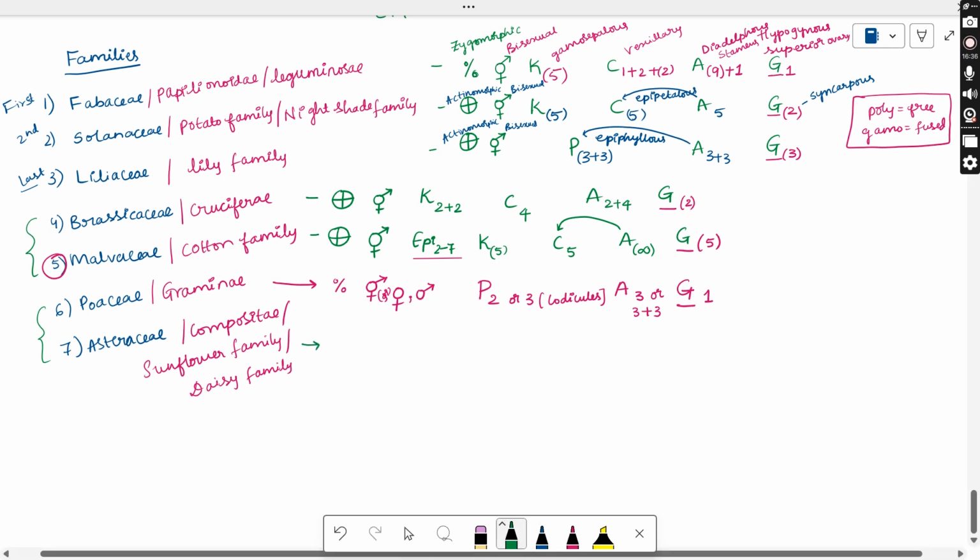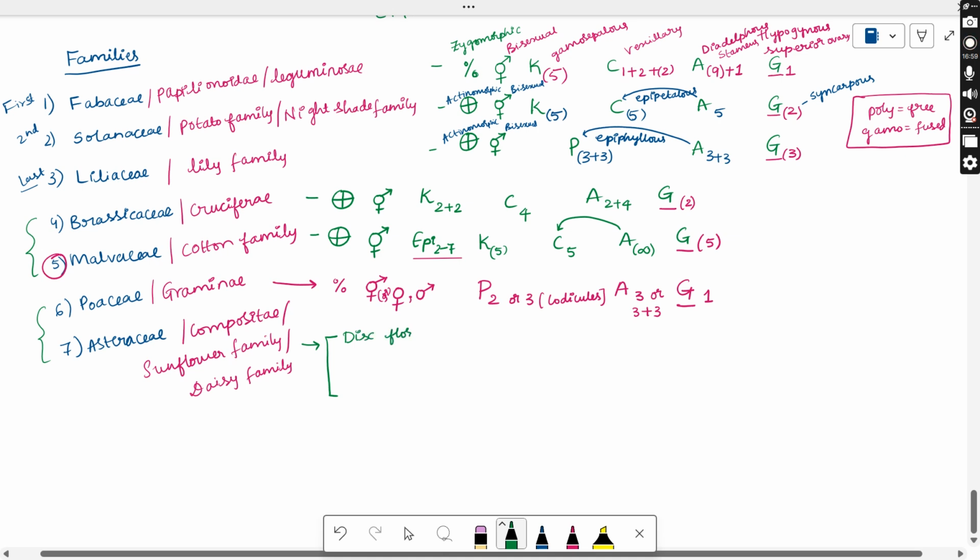And the next one, Asteraceae. Coming to this Asteraceae, it is the most special one. It is also called Compositae, the sunflower family or the daisy family. It actually contains two types of flowers. The center one is called the disc florets.